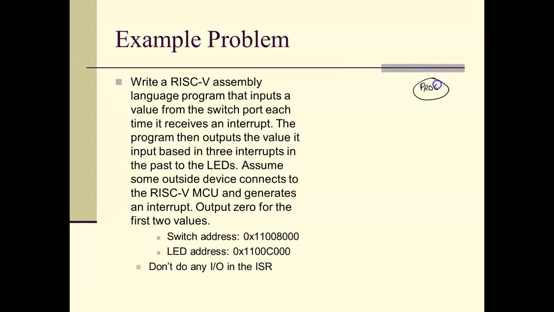This is my program, and I just have to init a bunch of stuff. I'm going to say init ISR, then we're going to init non-ISR stuff. Okay, so the last thing I want to do here is enable the interrupts.